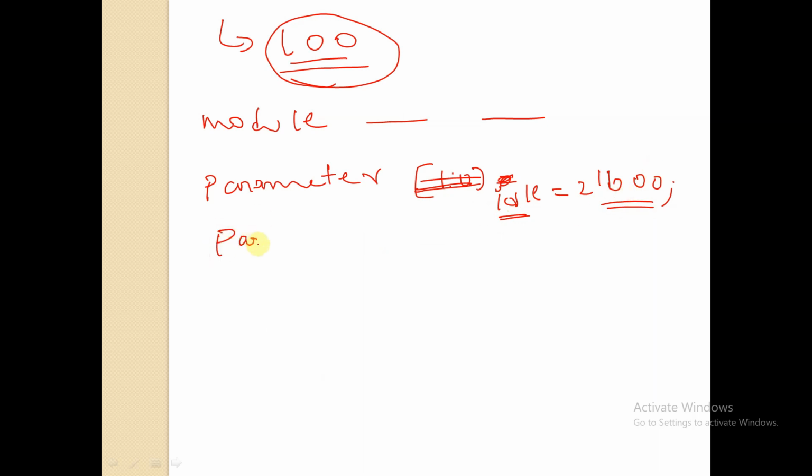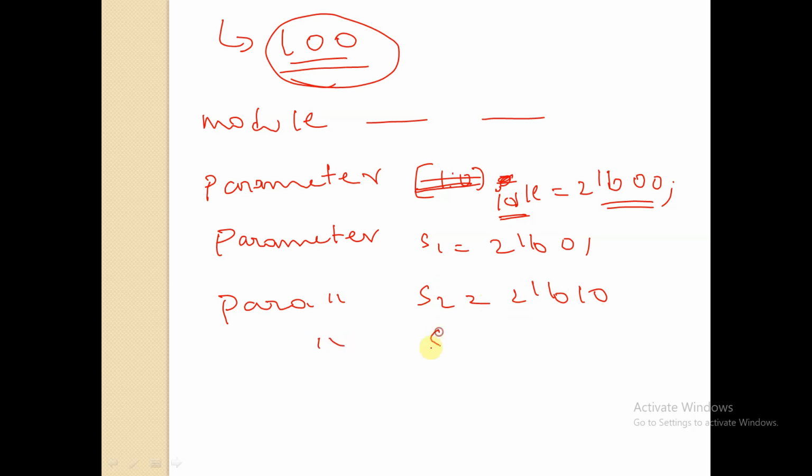And parameter s1 is equal to 2'b01, parameter s2 is equal to 2'b10, and parameter s3 is equal to 2'b11. So this is how we will declare the parameters, each an individual state.